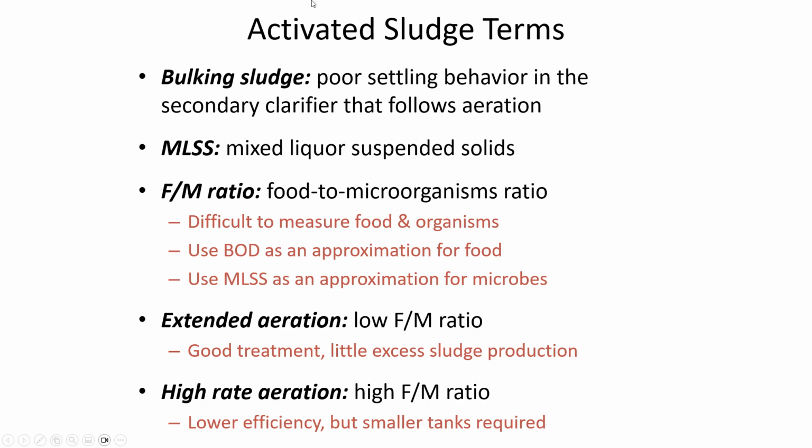So just to revisit some of the terminology that we've talked about so far, I've already told you about MLSS, mixed liquor suspended solids. A bulking sludge is a sludge that doesn't settle very well. And that's a problem. If we're trying to recirculate microorganisms into the aeration basin, one of the biggest problems you can have is that the sludge doesn't settle well. And if it doesn't settle in the secondary clarifier, then we're not able to pump it and recirculate it.